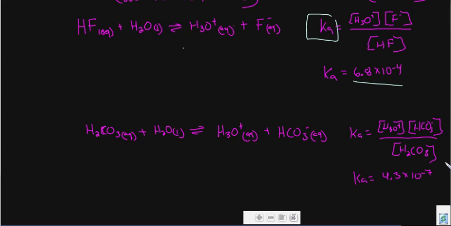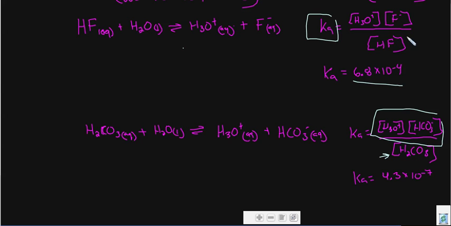Okay, so what do we do with that? One of the things you can do is quickly compare the Ka of one weak acid to the Ka of another, and tell which weak acid is stronger. Here, the Ka for carbonic acid is 4.3 times 10 to the negative seventh. It's a smaller number than this, and that smaller number indicates that these products are smaller in ratio with respect to their original reactant.